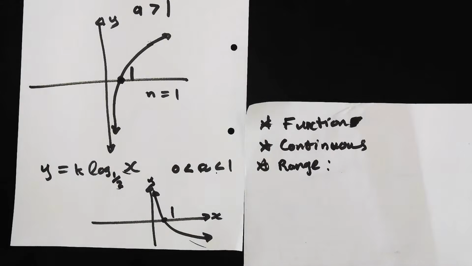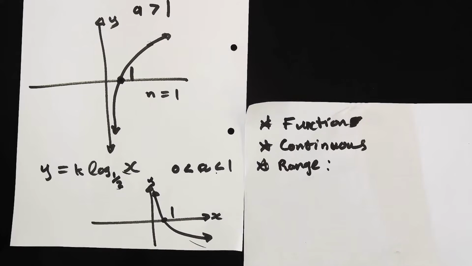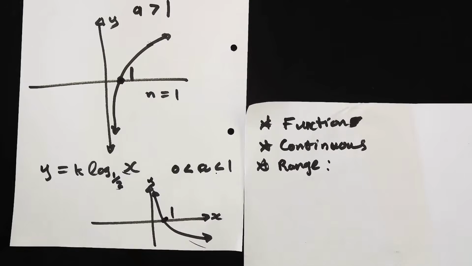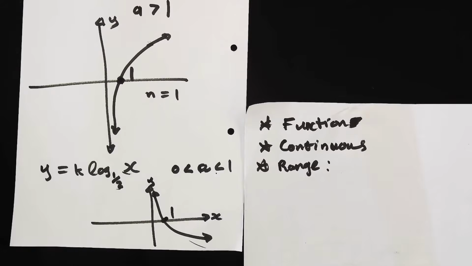We are still in the exponential and logarithmic graph, so we're looking at this log graph. I said let's use this one, the last one here. The range, we're talking about the y values.